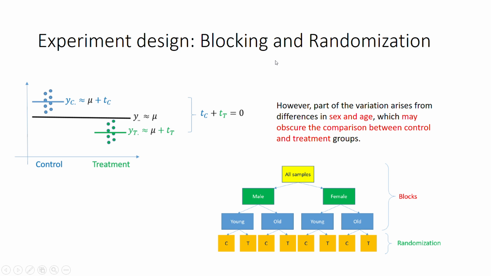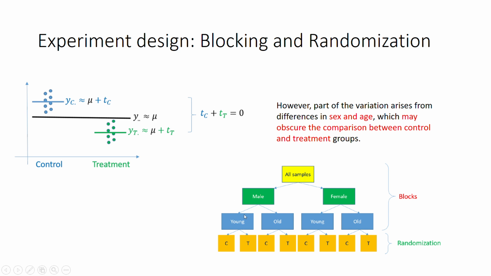So blocking and randomization are really good friends in designing your experiments, because when you analyze the data, you're interested in the difference between the control and treatment. But this difference, if you don't use blocks, could be obscured by the variability introduced by the sex and age.